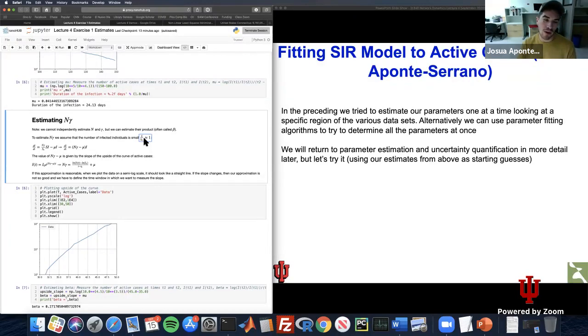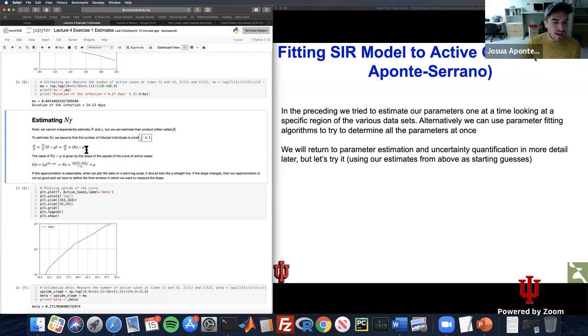Or another way of saying this is that almost no one has gotten infected yet. So you are at the very early stages of the infection. If you make that assumption, then this term is 1, and you can rewrite this equation in this way.